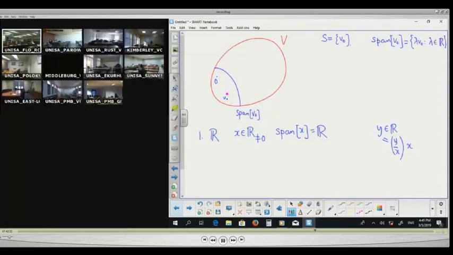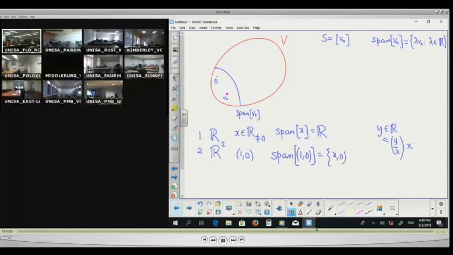Okay? But there are vector spaces, R2, for instance. Okay? Let's take 1, 0. And the span, this is exactly your x-axis. And definitely you know that this is not all of it. Right?